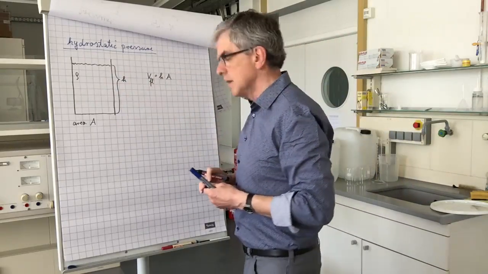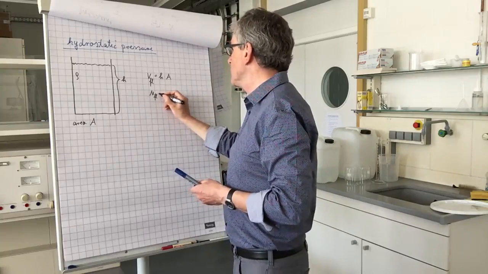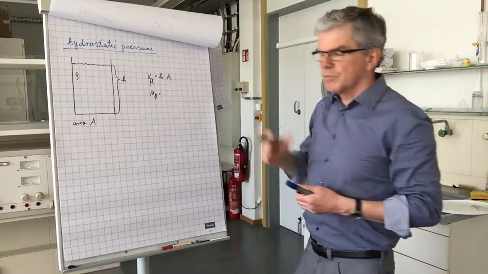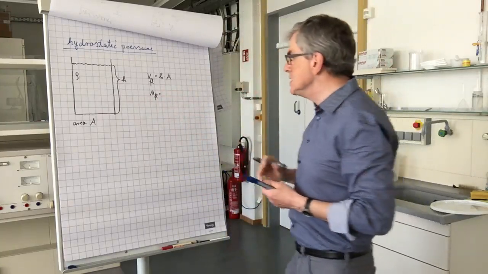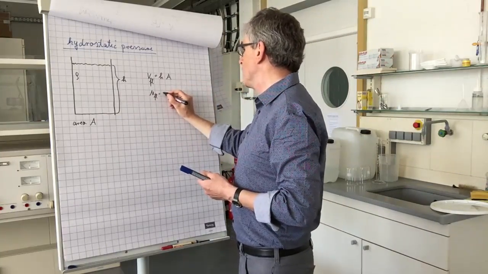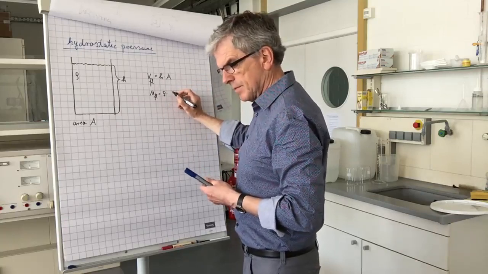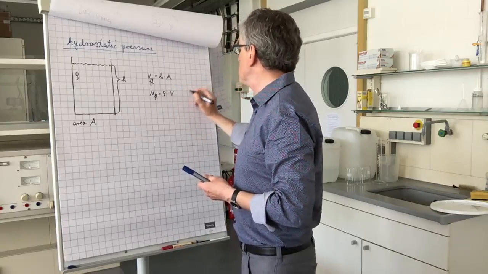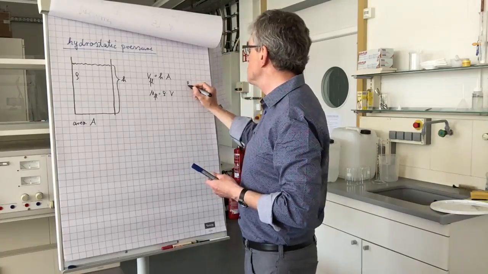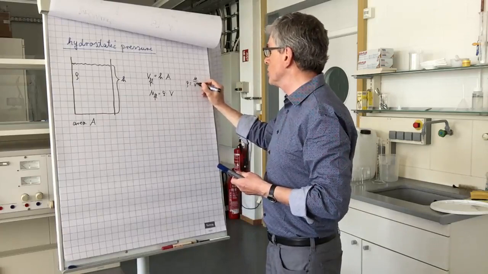And the mass of the fluid is now, with our definition of the density, rho times volume, because the density is defined as mass over volume.